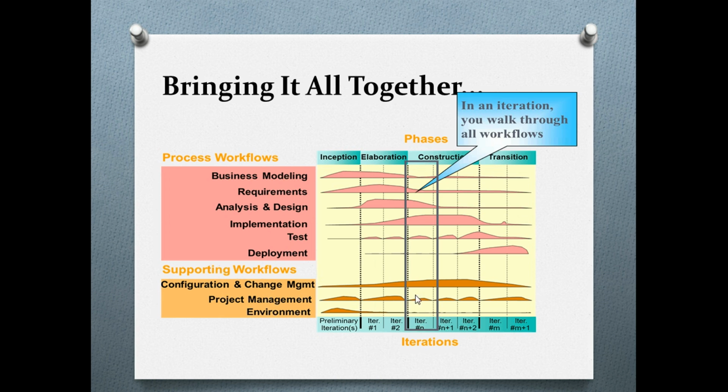And configurations, we check on different configurations if it's going as per the configurations or not, and if some changes or patches are required, we do them in this phase only. Project management, phases to phases, we are doing project management. The staffing is not an easy deal, so that is taken care of by the project managers, not unlike Scrum, where we have Scrum masters. Environment, we talk about the environment basically in the inception phase.